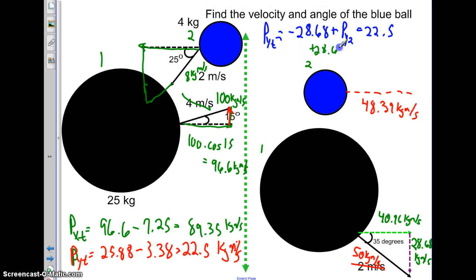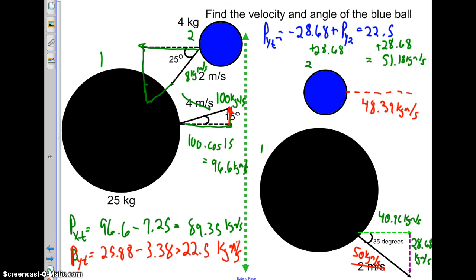So I have 22.5 plus 28.68, and I get 51.18. So this is 51.18 kilogram meter per second. And it is positive. We were very careful with our signs, so we know it's positive.